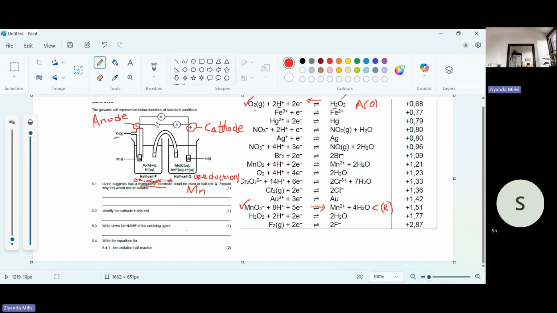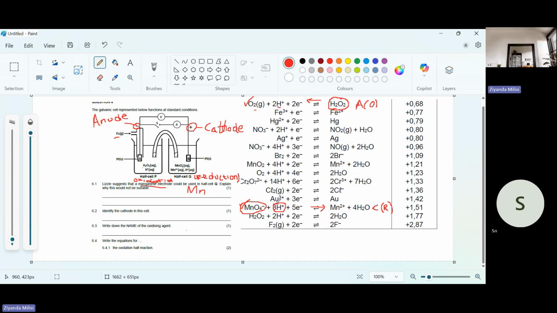Our reactant here is H2O2, because we are starting on this side, hydrogen peroxide. But when we come to this side, we've got these reactants, MnO4 minus and H plus.